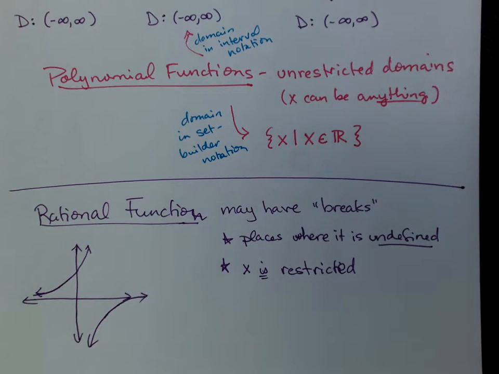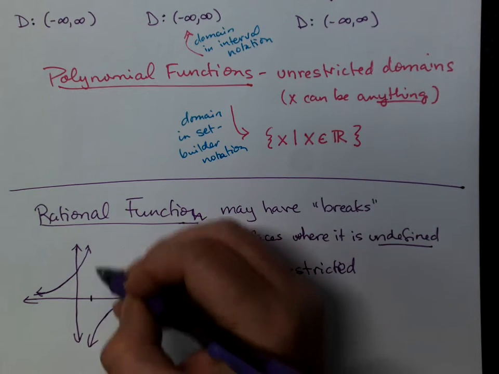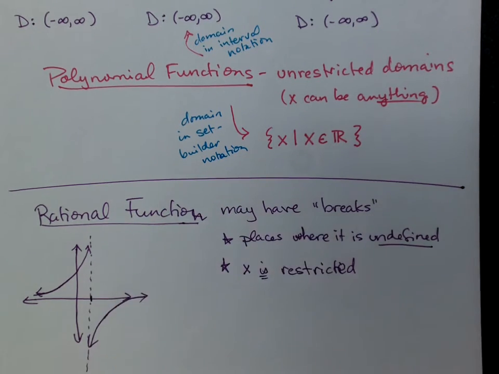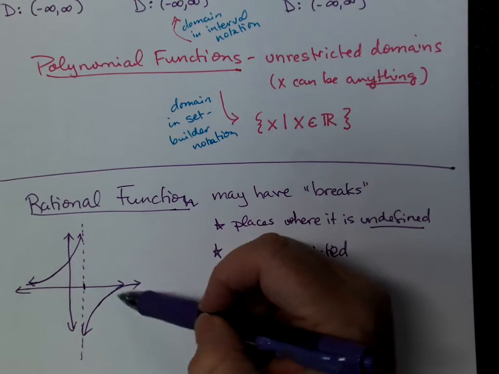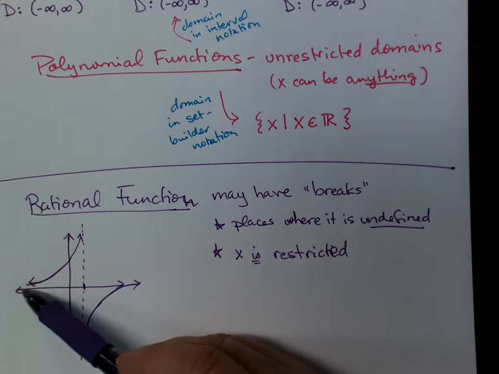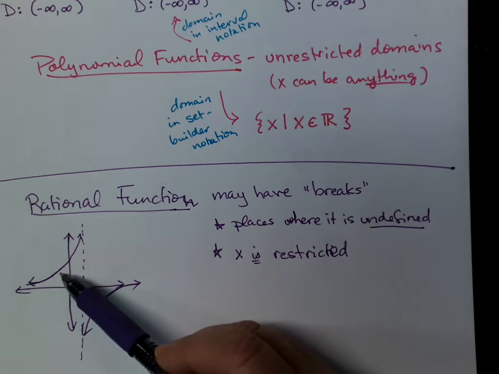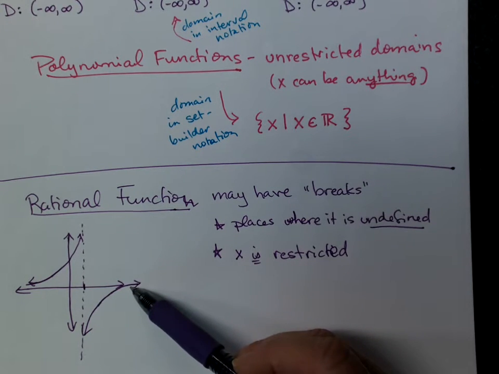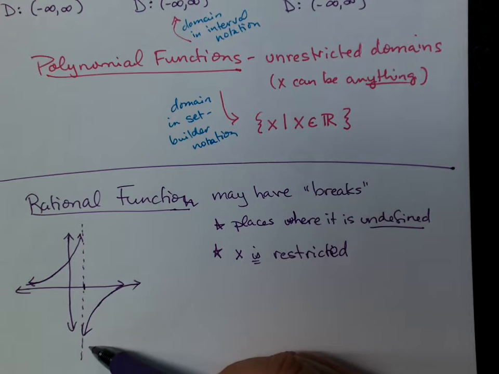And there may be some number here, and that dotted line is not part of the graph. I'm putting that dotted line to show you where the graph never touches. As the graph approaches whatever that x is, it's just going to shoot up forever and ever into positive or negative infinity. Here it's approaching from the right-hand side, and it shoots down towards negative infinity.